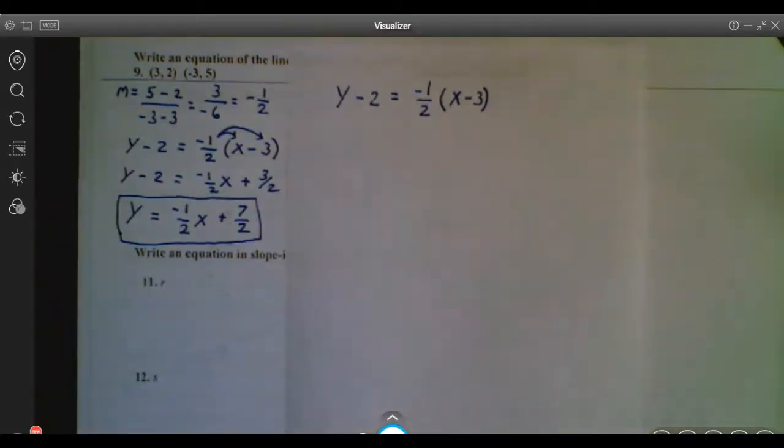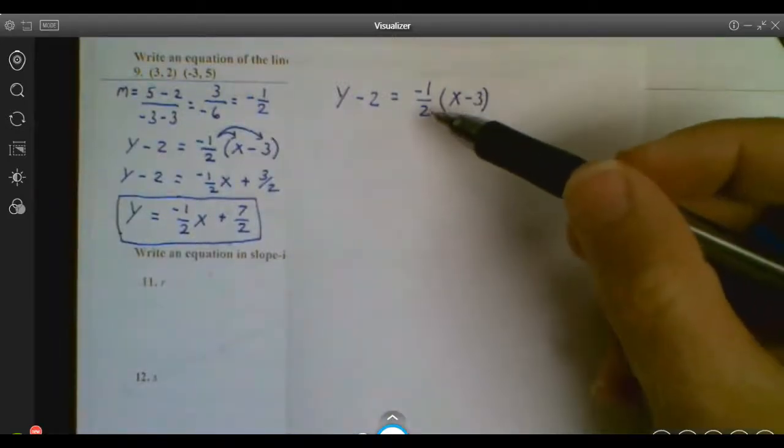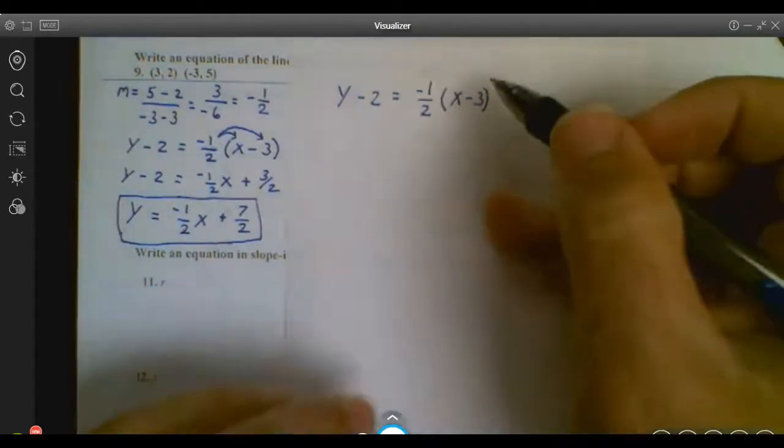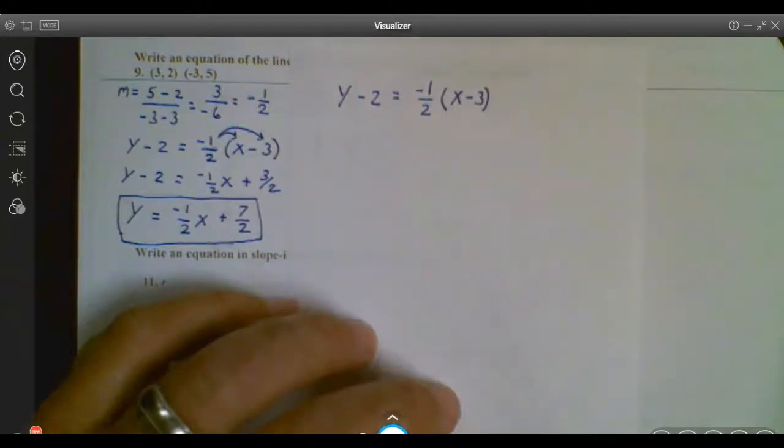I don't want to have to work with that fraction, right? If this was an even number, just distribute, right? Because half of an even number is going to come out to be a whole number. So if it comes out to be a nice clean number, you might just distribute. But if you're still having this fraction issue, even after you distribute, you might want to do this instead.